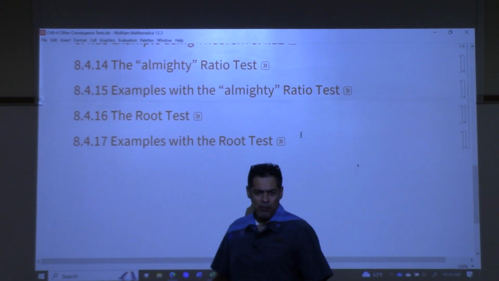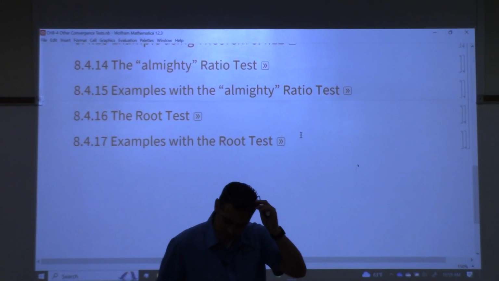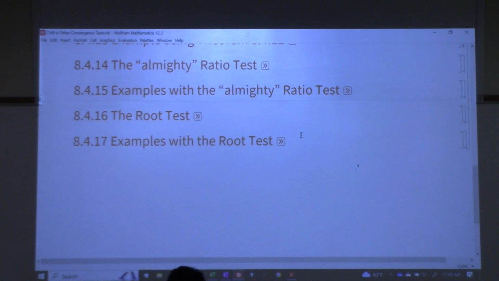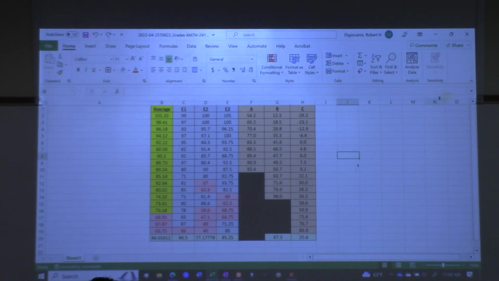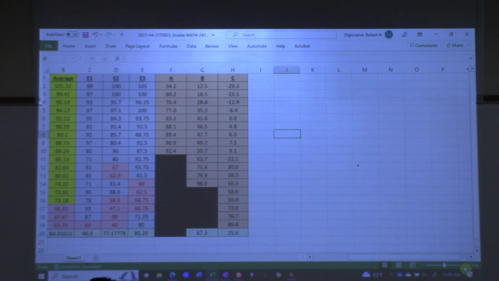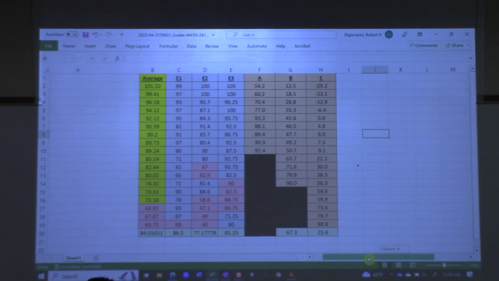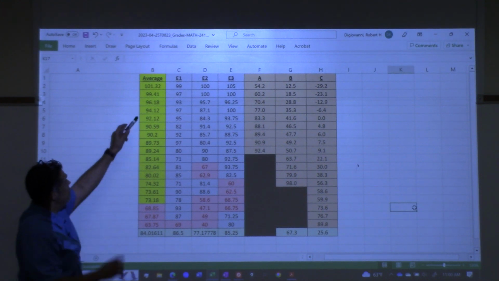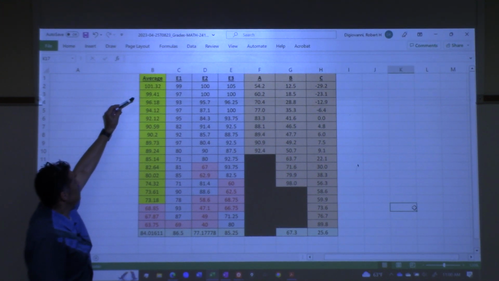Okay, we have a little bit of administrative stuff to take care of first. So I went through and I was looking at the grades in the class. This doesn't have anyone's names. What you see here on the left column is all the students in the class.